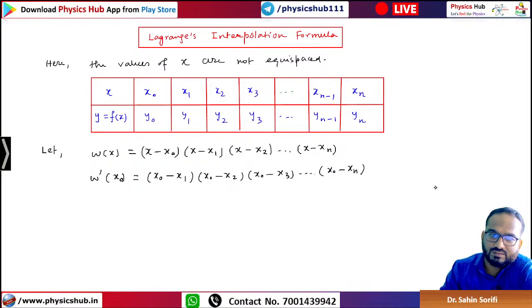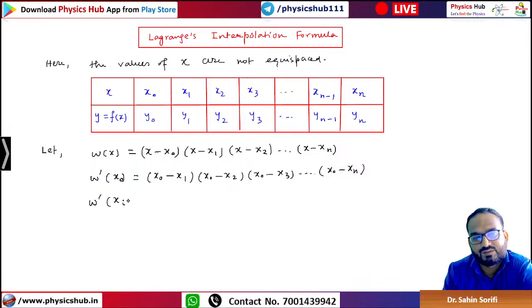So this is for the first value. In general, for any value, let's say xi, whatever value you put, only one term will survive. When you use xi, what will be this value? xi minus x0 will be there, there is no problem. xi minus x1, there will be no problem.